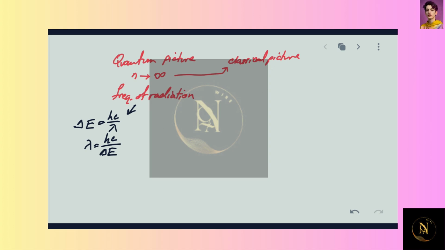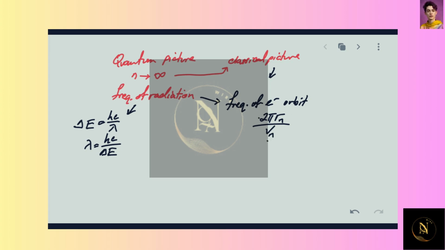On the other hand, for the classical picture, the frequency of radiation is actually the frequency of the electron that is orbiting around its orbit. So the frequency of the electron orbit goes to 2 pi r, the radius of the orbit, divided by the velocity of the electron.